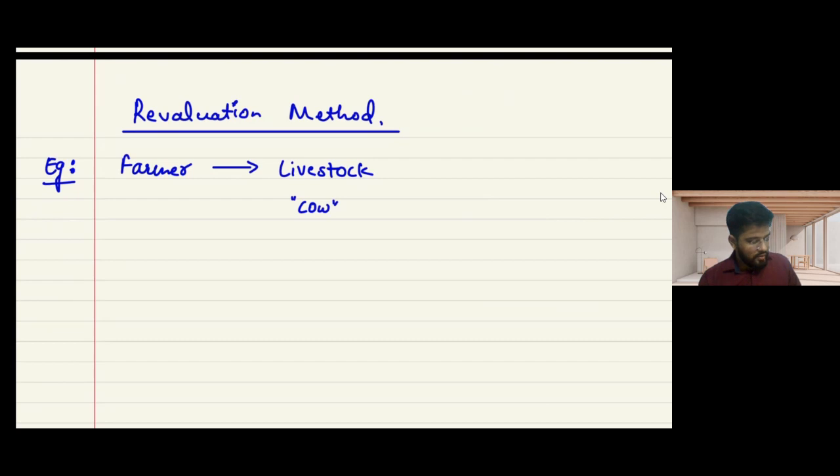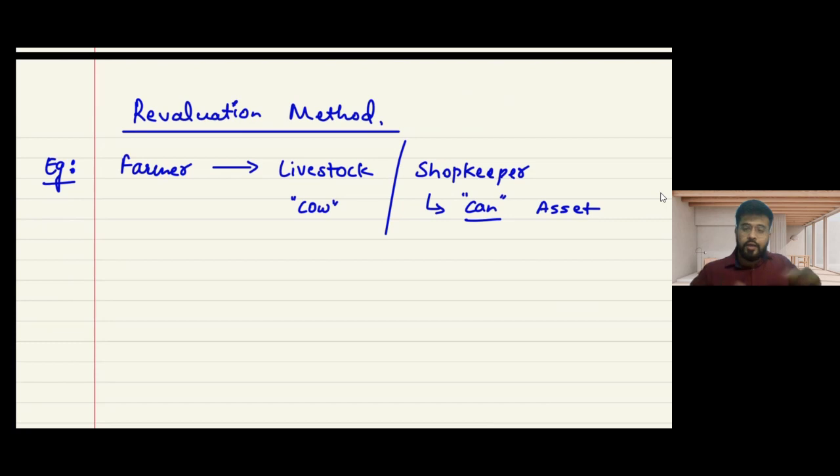Or let's say it is a normal shopkeeper who has some cans. Cans means what? We drink Coca-Cola, Pepsi in a can. He has the can as an asset, and obviously these assets are quite large in number.